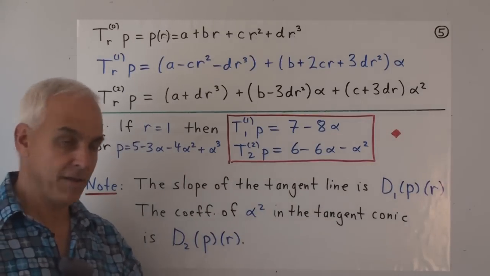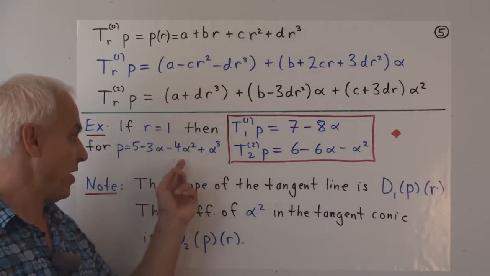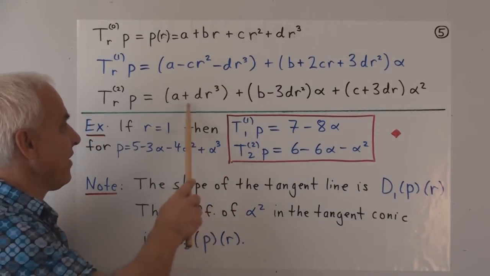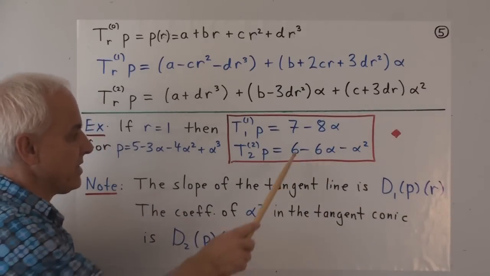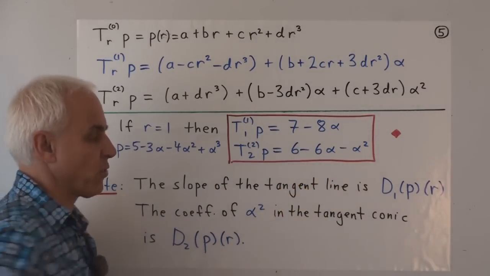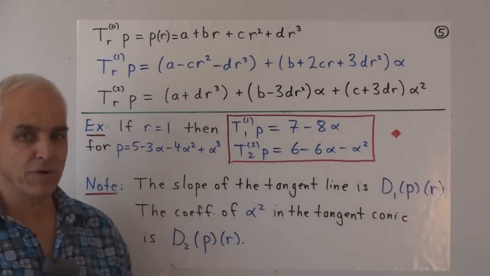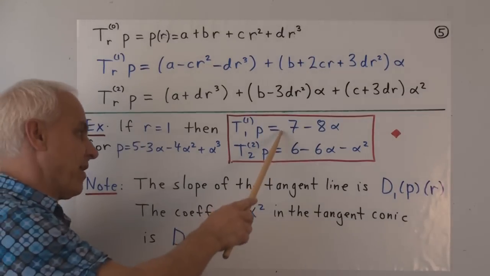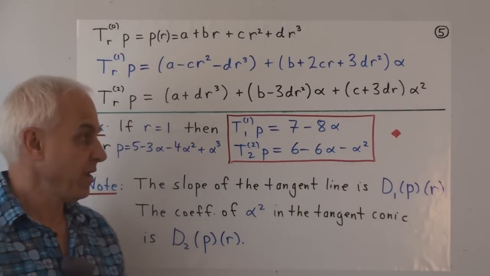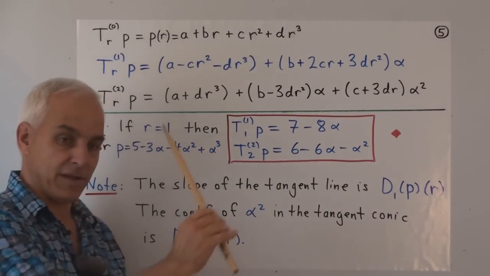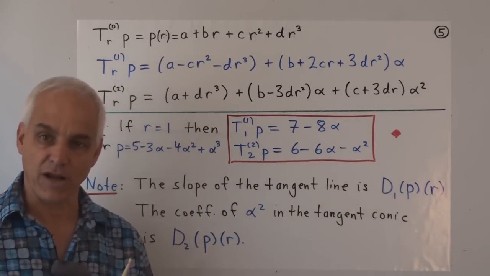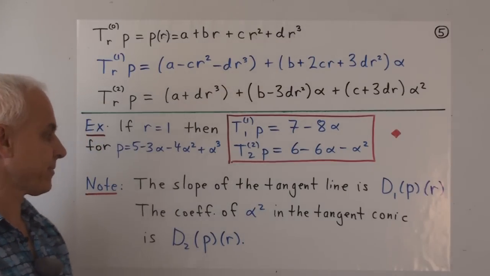That's a line, and correspondingly, if you plug the various values into here, you get 6 minus 6 alpha minus alpha squared. That's a parabola opening downwards. And you can check, if you go back to that previous picture, that these are more or less the line and the tangent conic that I drew earlier.